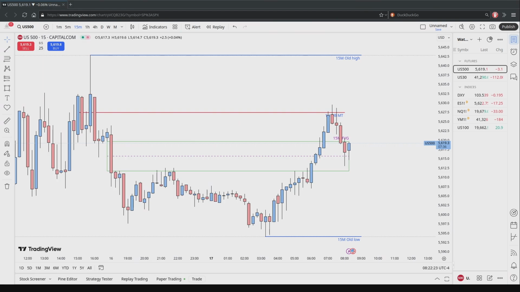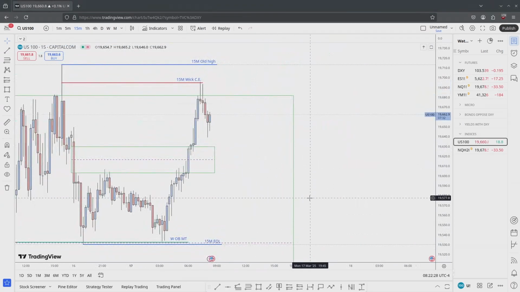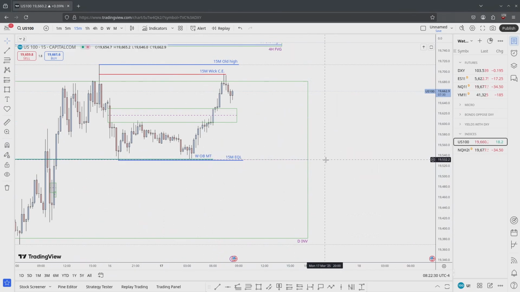They would, of course, be right at this consequent encroachment of this daily inversion. So we'll have to see how price behaves.